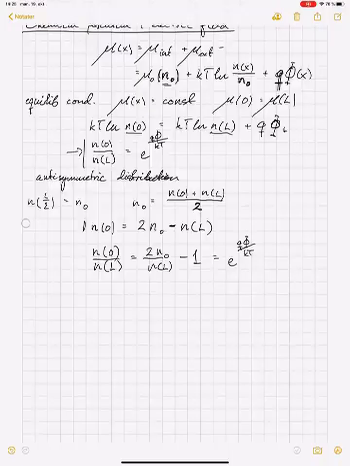Now let's try to get the values at the end.